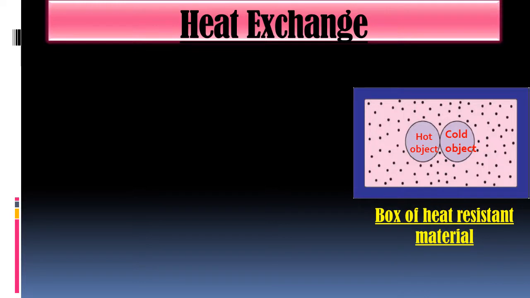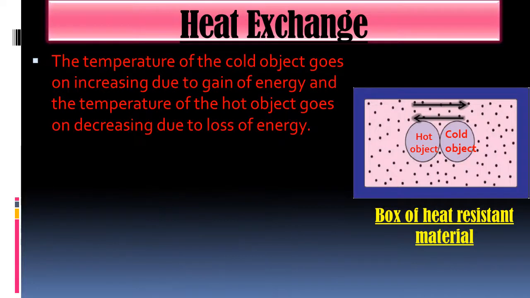If heat is exchanged between a hot and a cold object, the hot object and cold object exchange heat, and it will continue till the temperature of both the objects becomes the same. The temperature of the cold object goes on increasing due to gain of energy, that is, absorption of energy, and the temperature of the hot object goes on decreasing due to loss of heat.